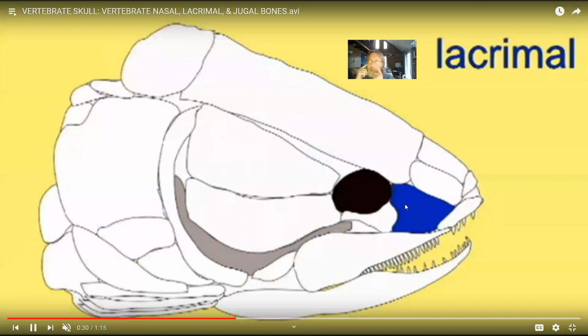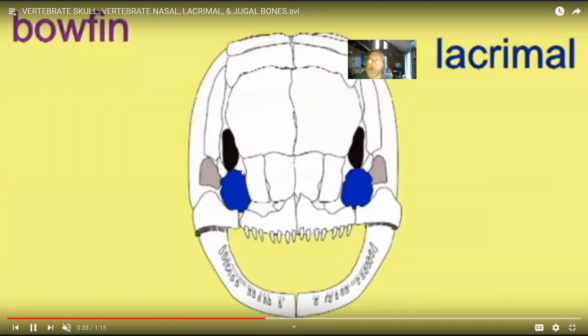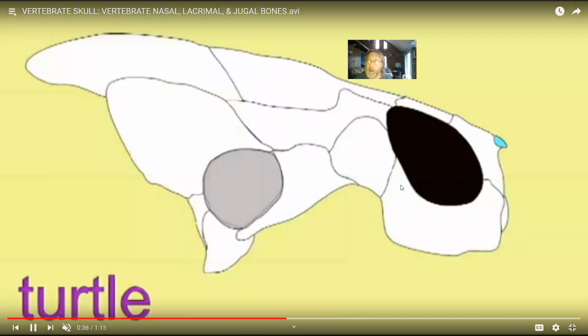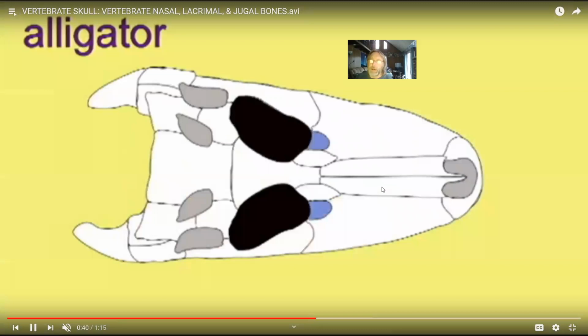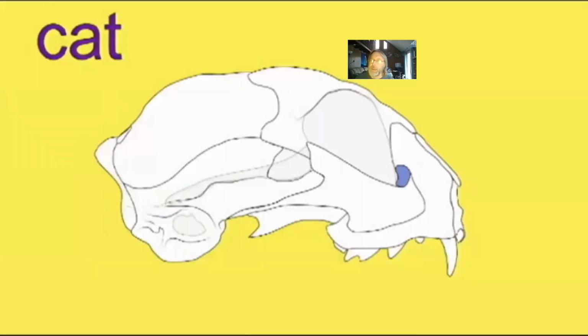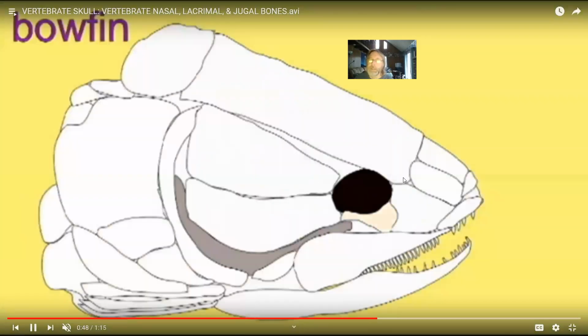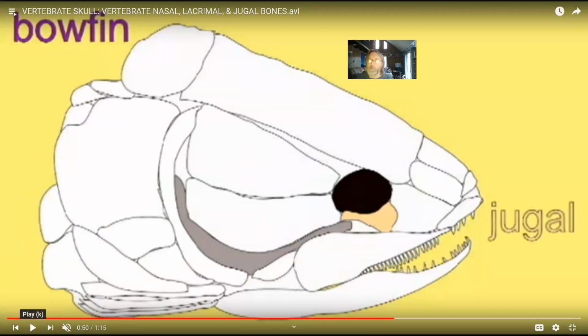So we have lacrimal bones that have a tear duct, and so too do other animals, going back to the bony fish. One of the things in the mammals and the primates was the lacrimal became reduced, and ultimately in primates was limited to the orbit, so it no longer reached the tip of the snout.